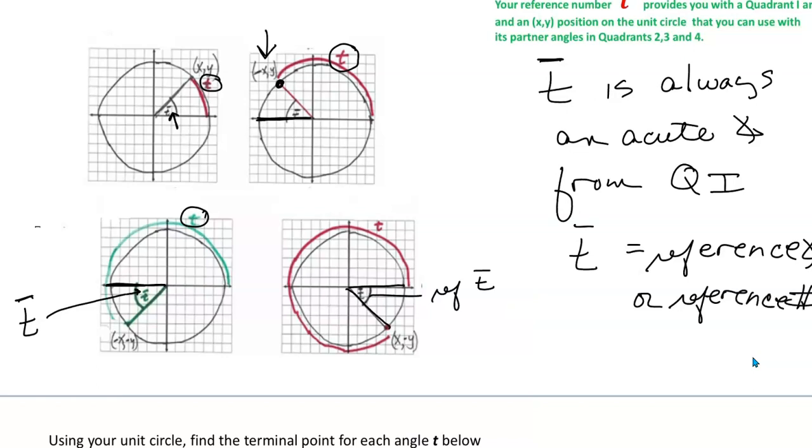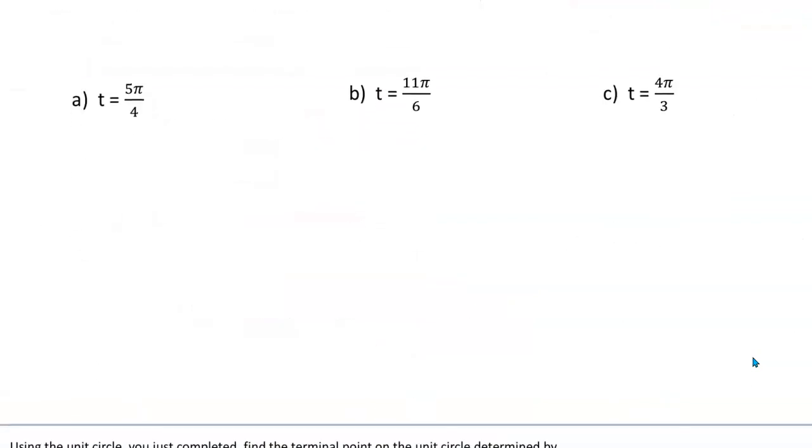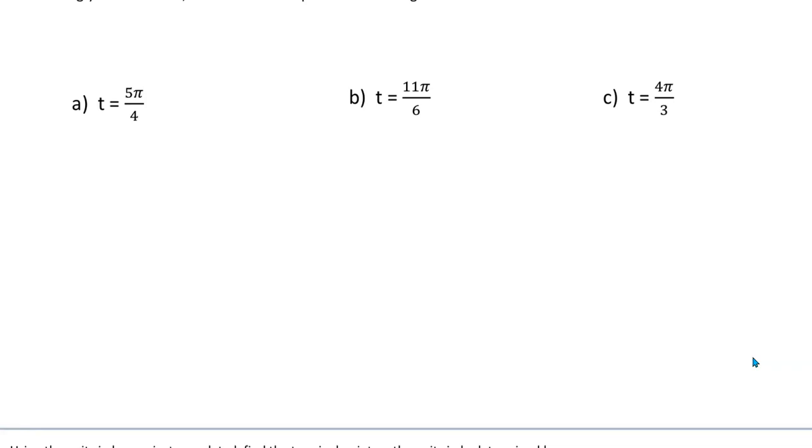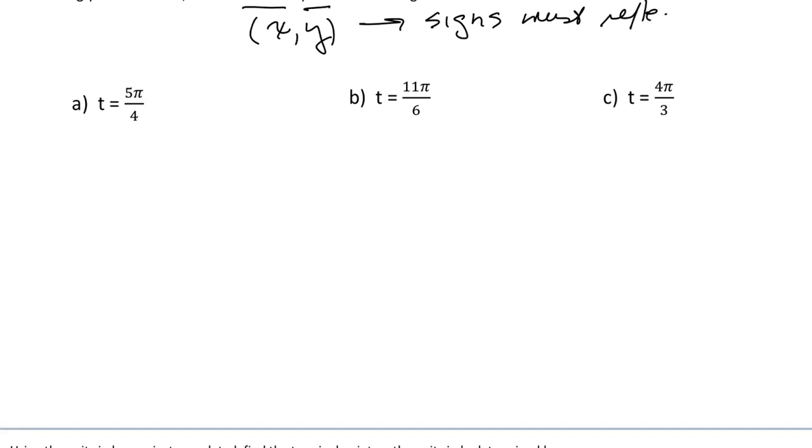Okay, this ties into how we're going to use our unit circle. So, if you're going to use your unit circle to find the terminal point for each angle T below, this is what you're going to do. Now remember, the terminal point is your X and Y, okay? And then I'm going to say the signs must reflect the quadrant.